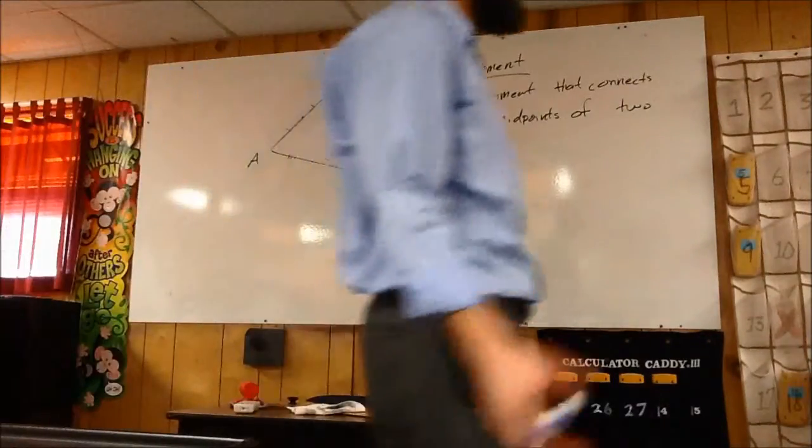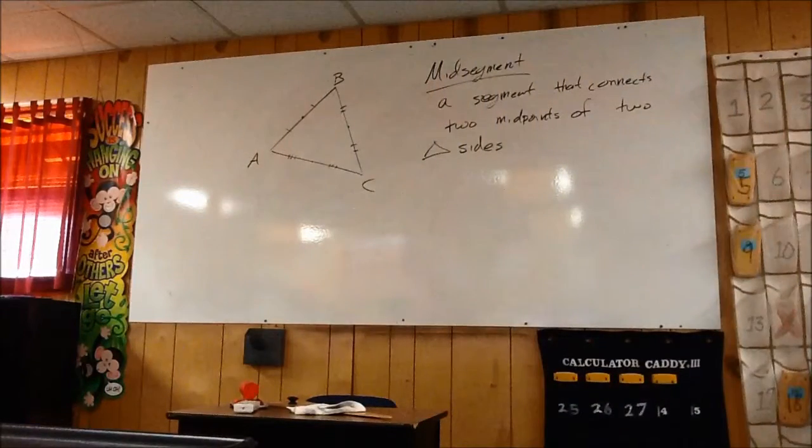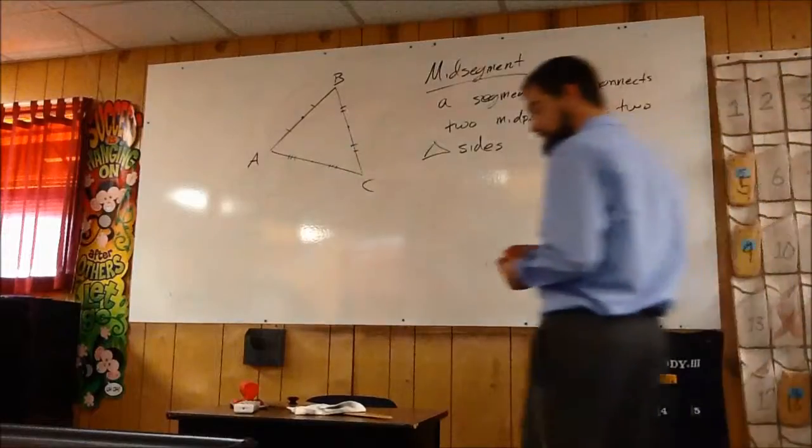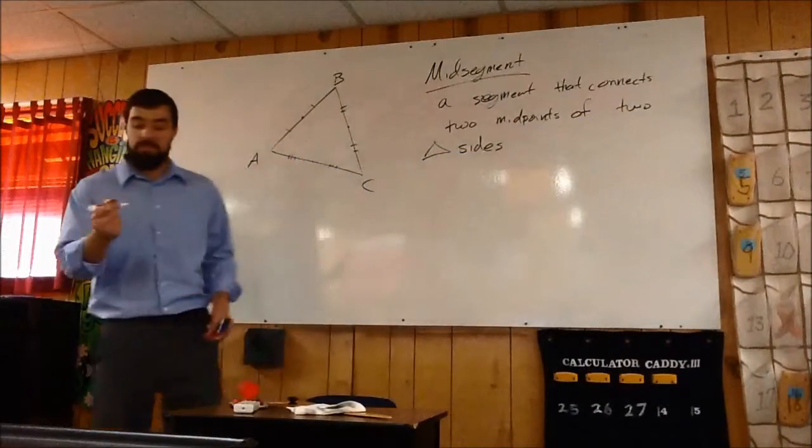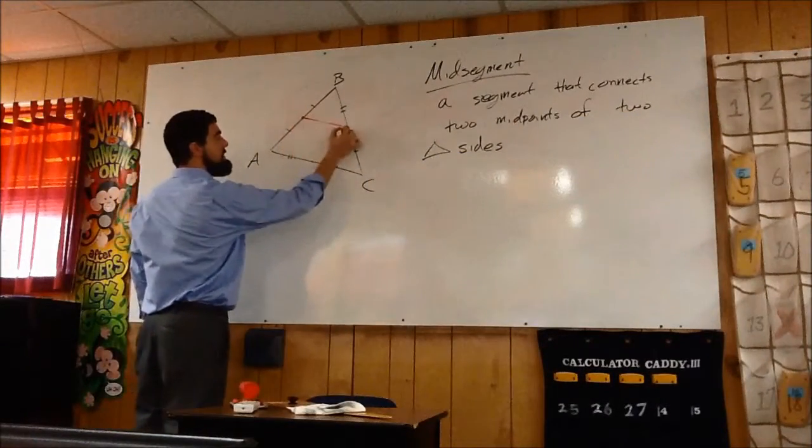Get a rough idea. You shouldn't be copying the board because you should have your own diagram right in front of you. Just quickly find your triangle's midpoints, and we're going to draw in these midsegments. The midsegment connects midpoints. So just connect midpoints.